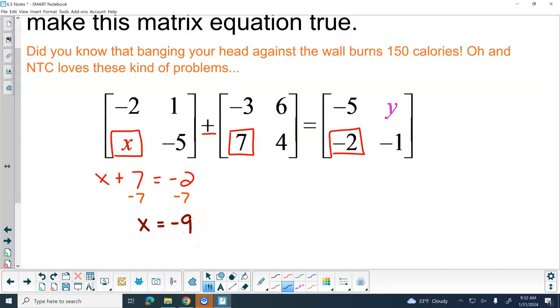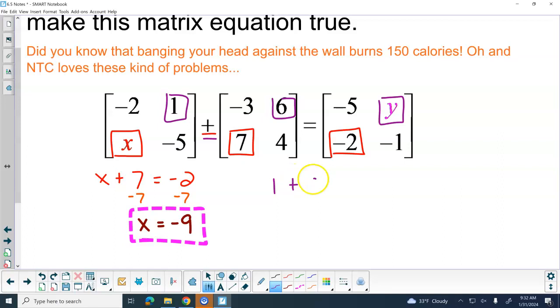If x is negative 9, that part is a true statement. Y is in this position here, so it's going to be 1 plus 6 has to be y, so 7 has to be y. If y is 7 and x is negative 9, then that matrix equation is true.